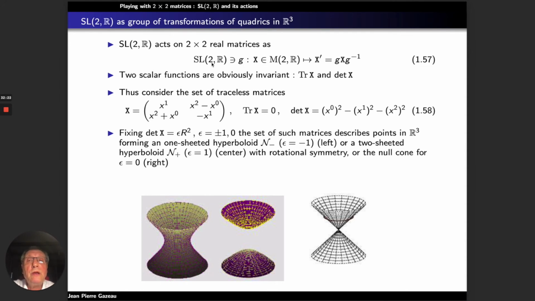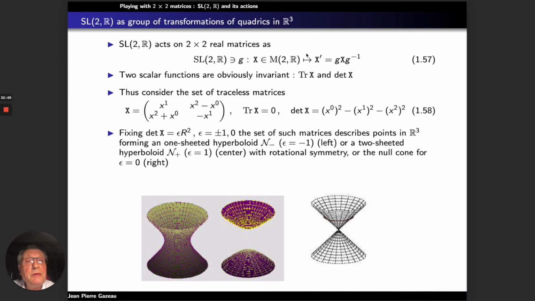You consider an element of SL2R, and a general 2x2 matrix with real coefficients, and you transform this matrix in the following way: G times capital X times G minus 1.